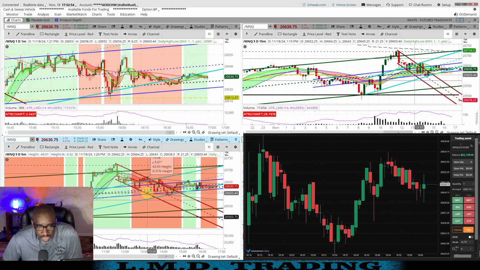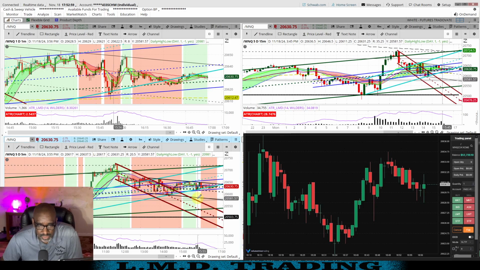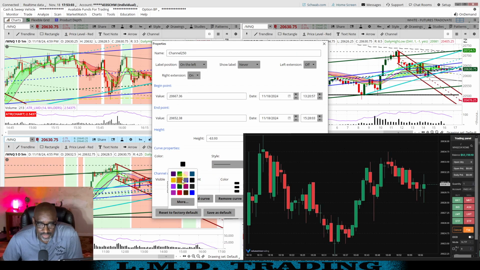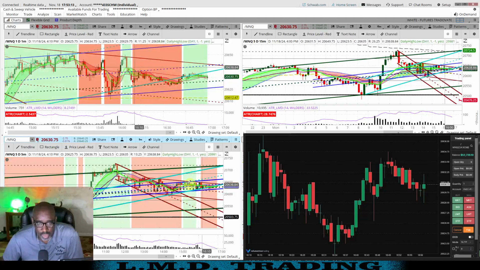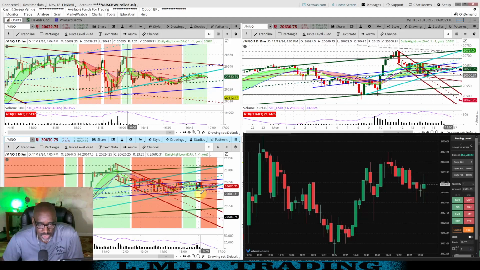On this one, I will come down to the base because in the middle it's catching. It's going to be the same color as that other cyan that's not in play right now. I could delete that one, but I still want to be able to see it. So you see that one there? This is my current 5 minute channel. I don't need to draw an uptrend because the 15 is catching it.